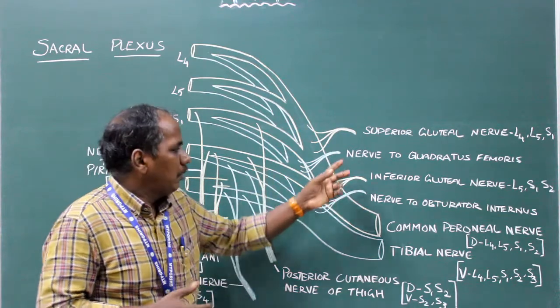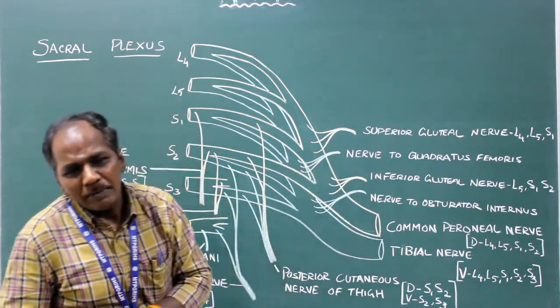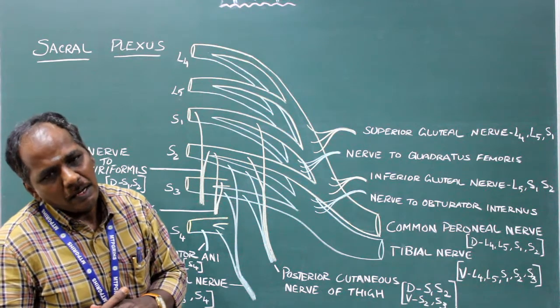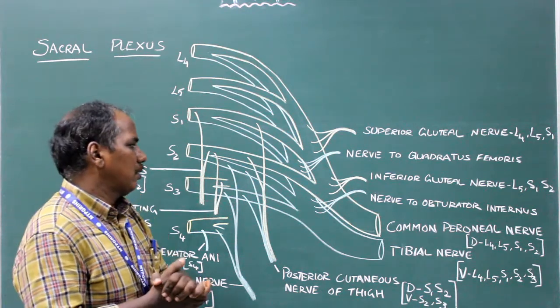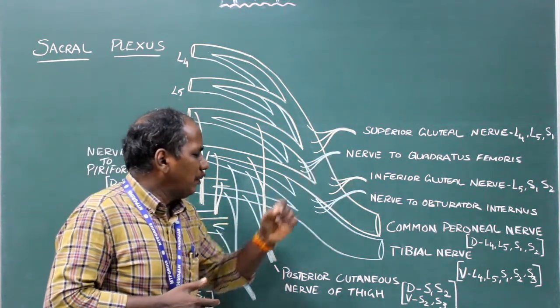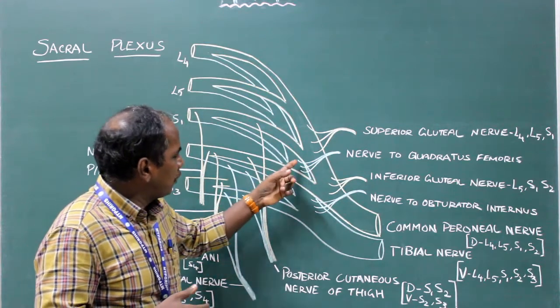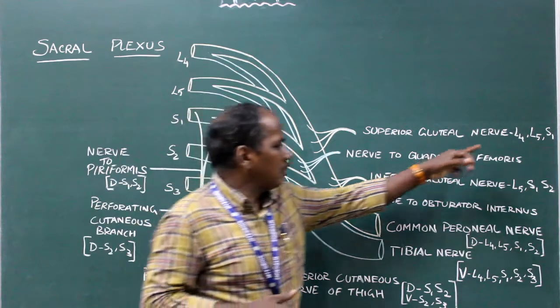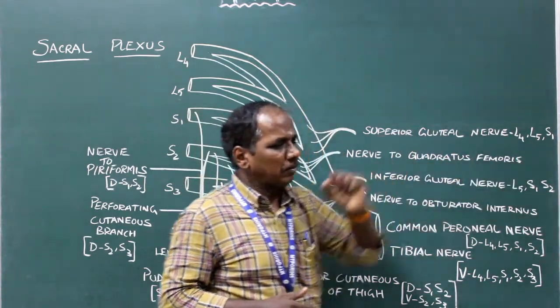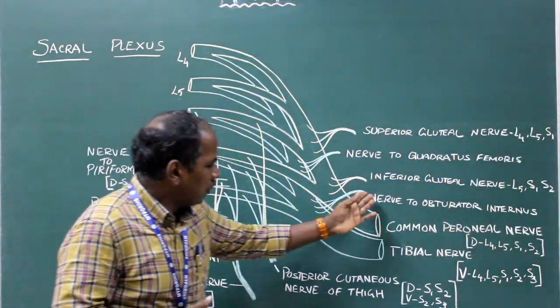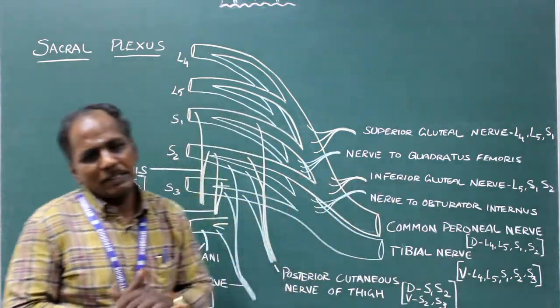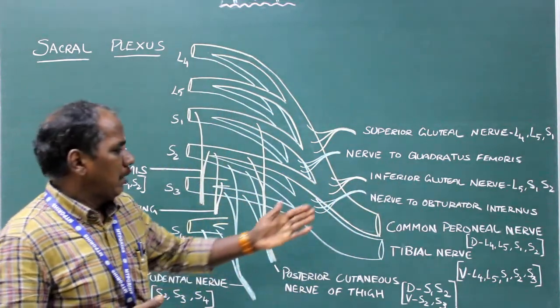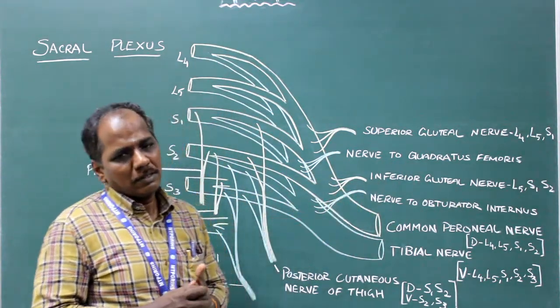Now the nerve to quadratus femoris and inferior gemellus. The root value is the ventral division of L4, L5 and S1. See, here it is the dorsal division, so here ventral division. Now the nerve to obturator internus and superior gemellus.